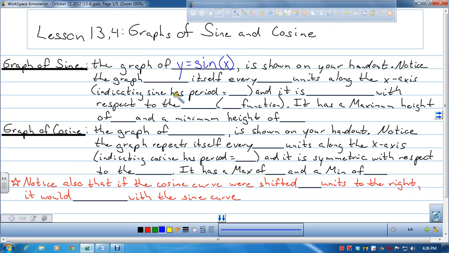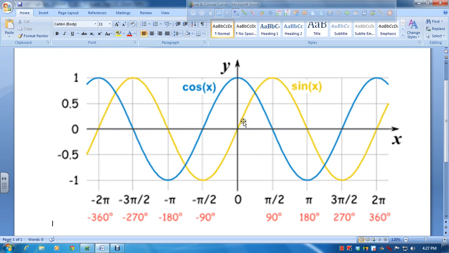That's shown on your handout. You'll notice the graph repeats itself every 2 pi units, or as we know, 2 pi is 360 degrees.